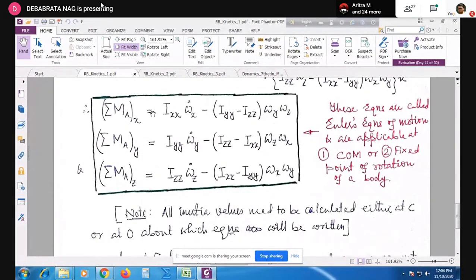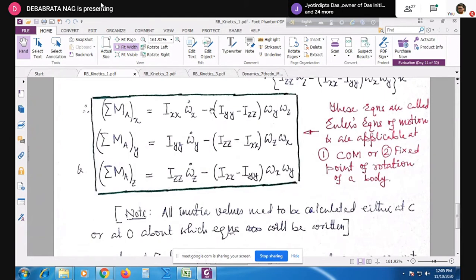So you see this equation has two parts, left-hand side and right-hand side, and this equation is pretty similar to that. Instead of mass, you will have the mass moment of inertia terms. Instead of linear accelerations, you will now have two types of accelerations. One is the time derivative of the angular velocity, represented by the omega dot x, omega dot y, omega dot z terms.